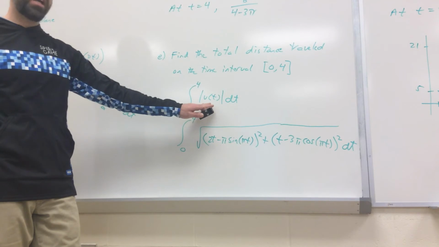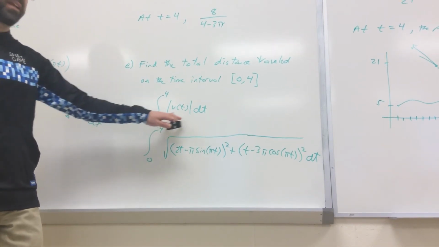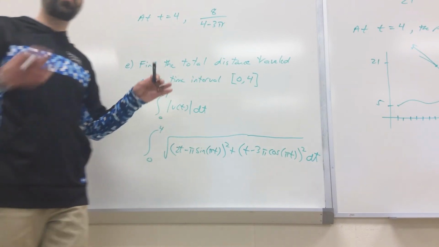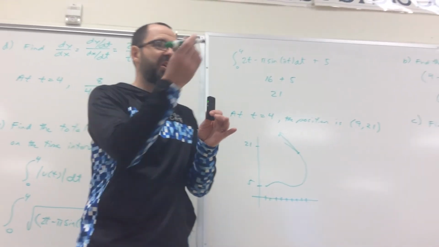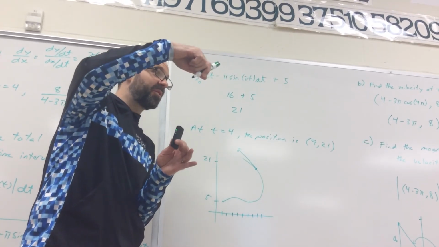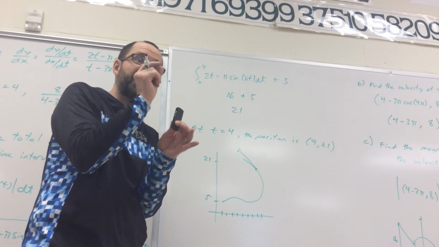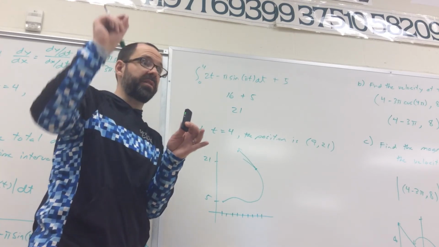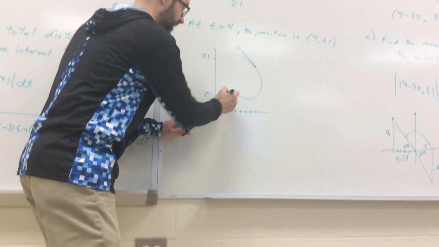What's another way to think of the absolute value, or magnitude, of the velocity? That's speed. So we're integrating speed here because we don't want any of the negative velocities or any of the 45-degree angle velocities to cancel out with any of the other 45-degree angle velocities. We want them all to be speed, so that we're adding up all the little speeds times time to get total distance. This little speed times time, this little speed times time, to get total distance.